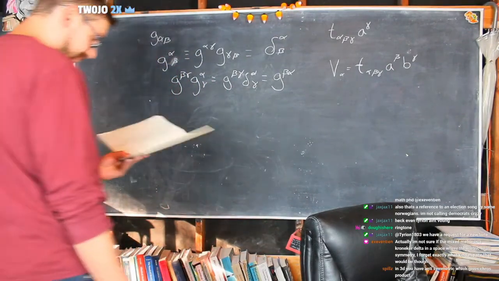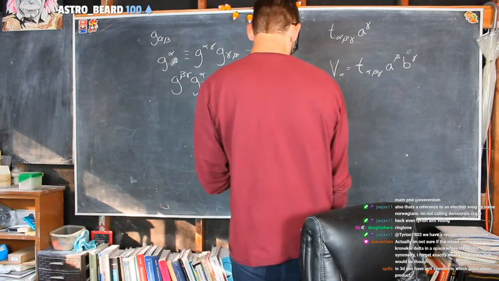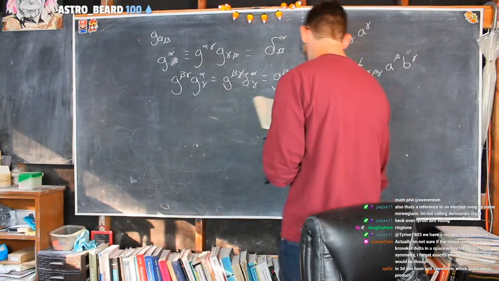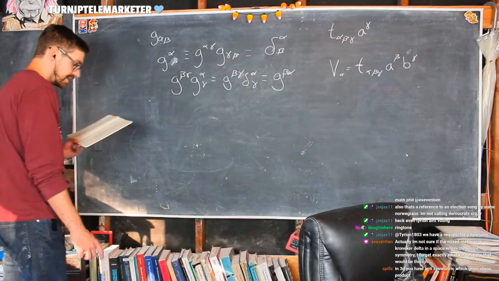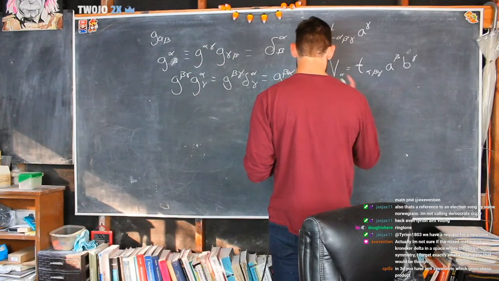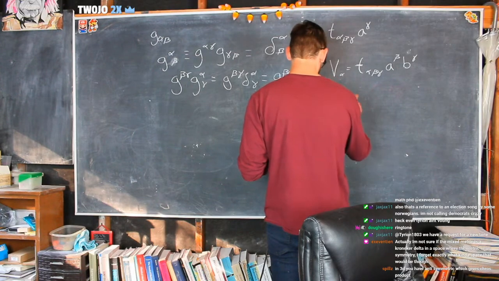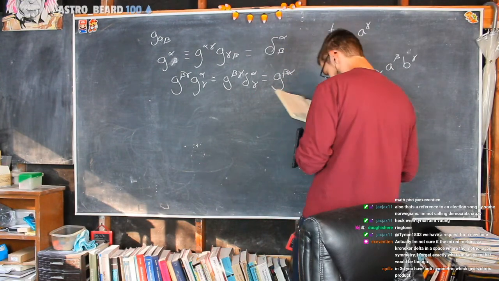Now, we have to think of another way to write down a vector as a directional derivative. So we're going to go back and revisit our last definition, but now we're going to talk about how a vector is going to act in the tangent space. So what does Hartle say?